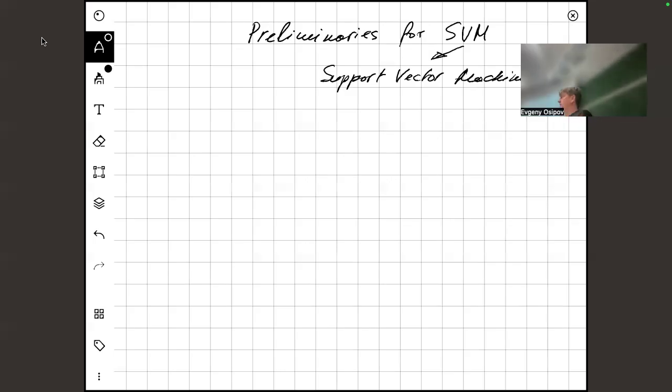And understanding how these algorithms work helps to increase your intuition about what it means to learn from data. What is it? And support vector machines is one of these classical algorithms with well-defined mathematical explanations of how learning happens.